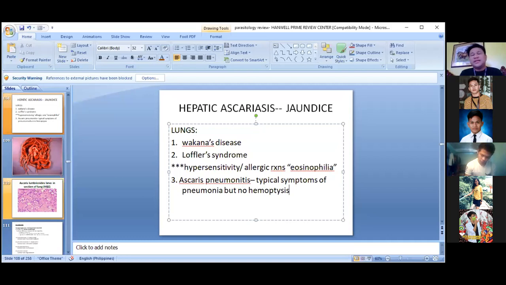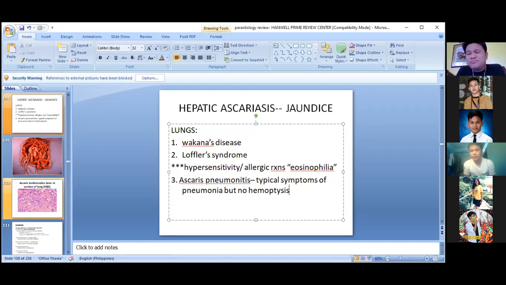So what is hemoptysis? Hemoptysis describes coughing out of blood. So there is pneumonia, which means there would be sputum expectorated by the patient, but the sputum does not have blood, no hemoptysis. Of course, there would be fever and all the other symptoms expressed when you have pneumonia. Again, I would like to reiterate, no hemoptysis.